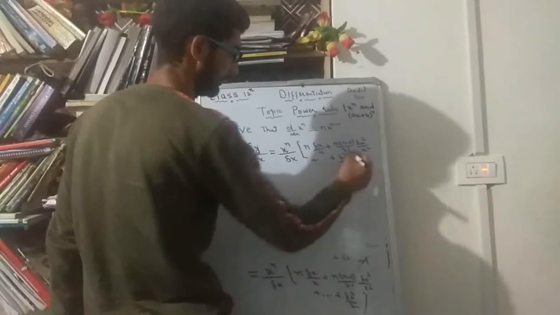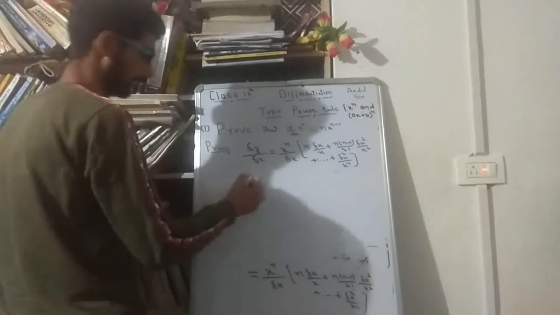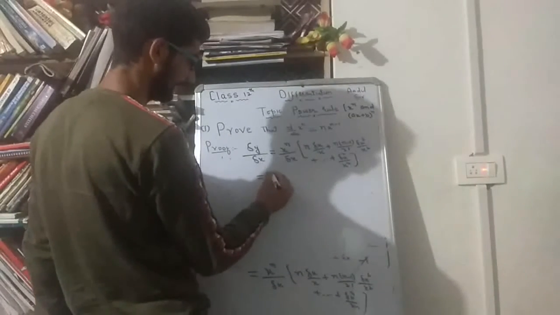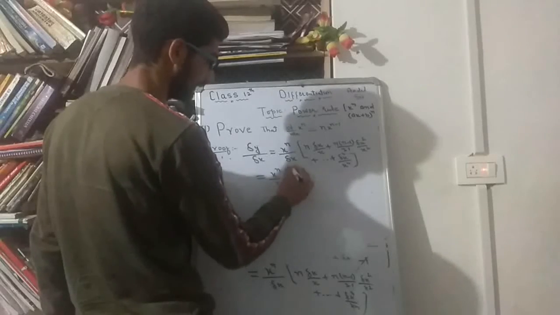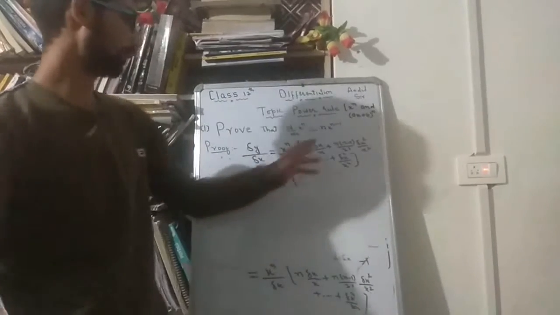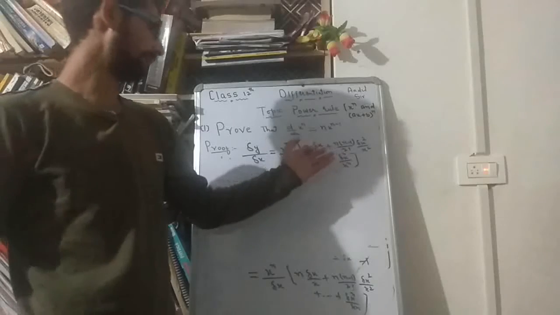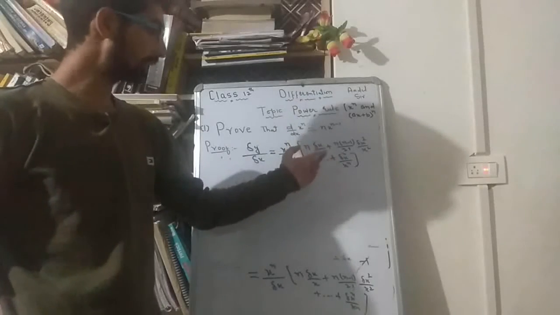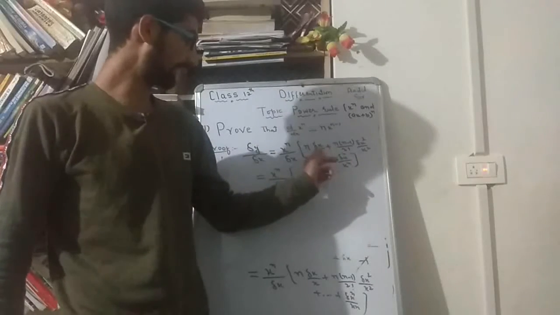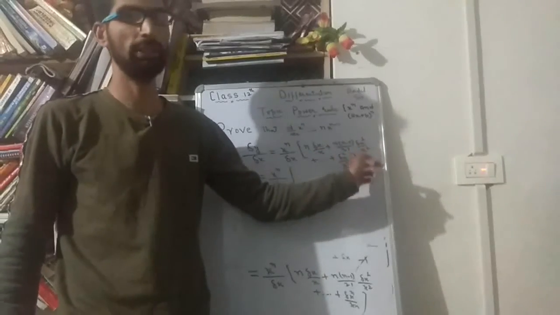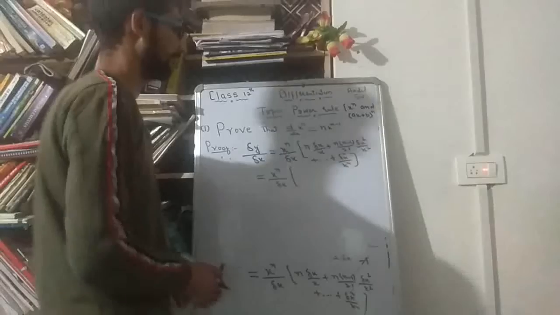Now you just check here, this del x divided by x we can factor out as common because it is in every term. Here is del x divided by x, here is also del x divided by x, so we can make it a common factor.